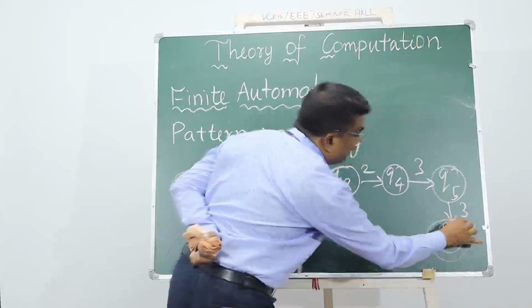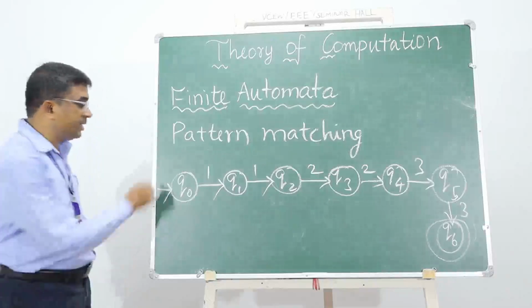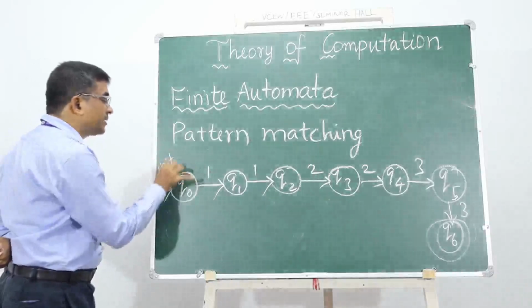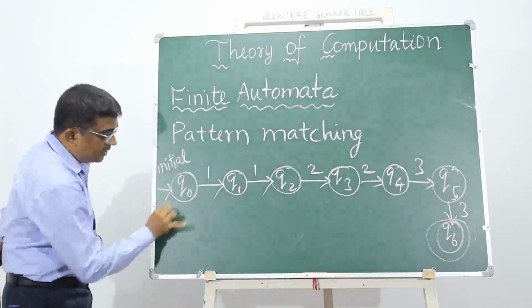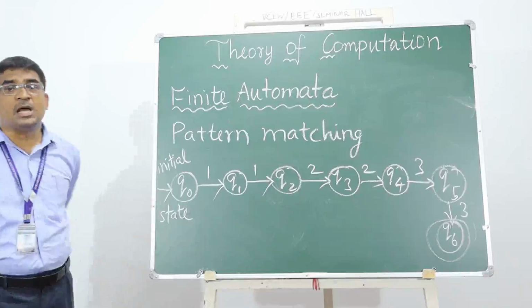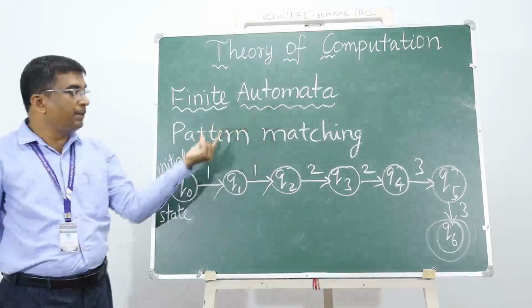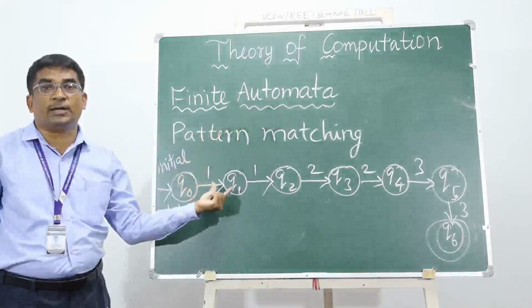So this is our final state. Q0 is the initial state. This state is called the initial state of the transition.